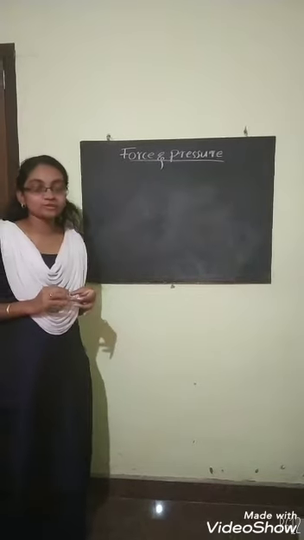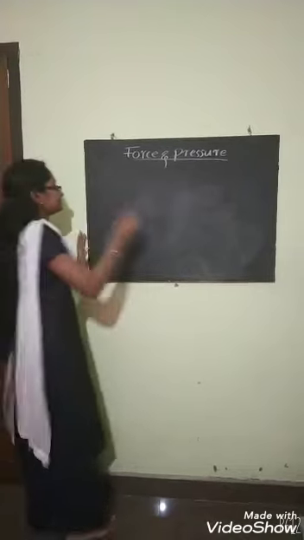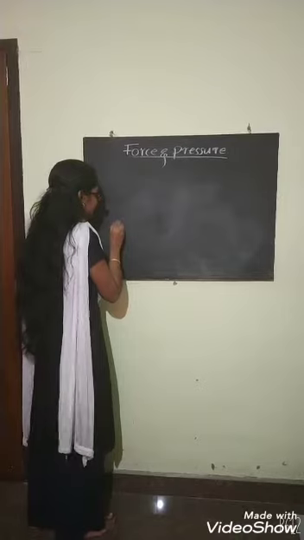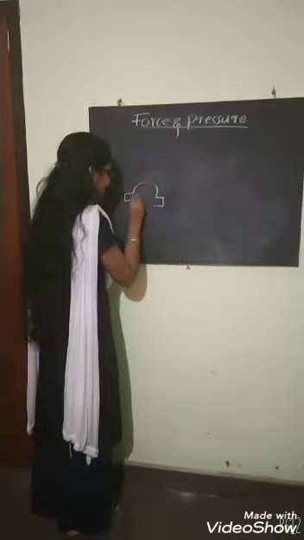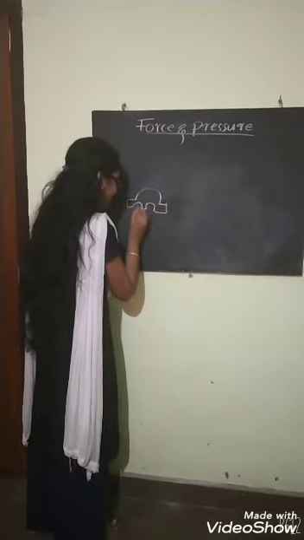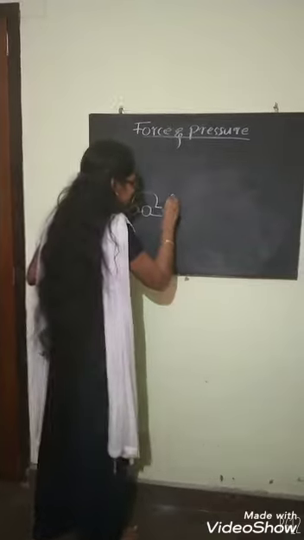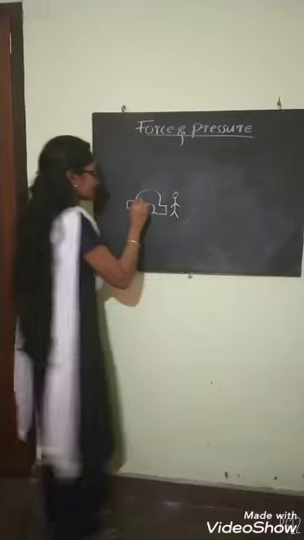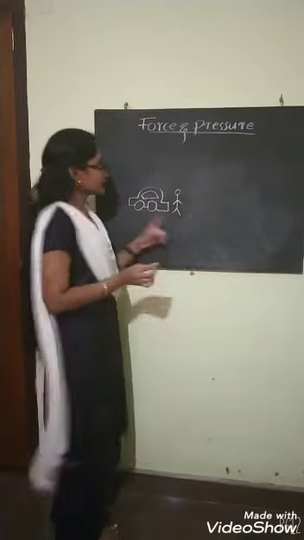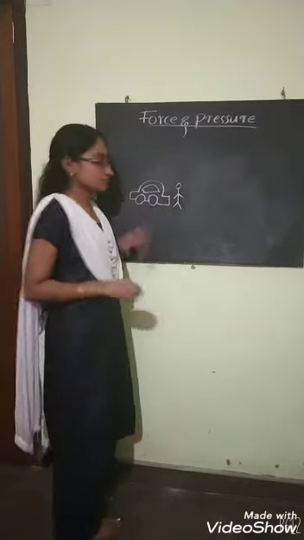Now, the question is how this force acts on certain objects. Here is a car, and here is a person standing without touching this car. Is this car moving in the presence of this person without touching it?